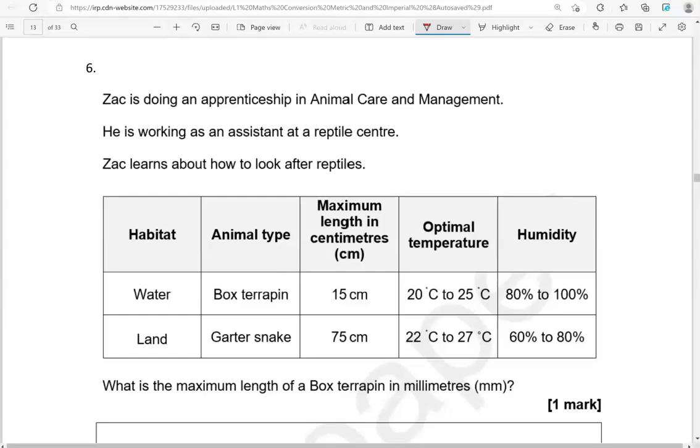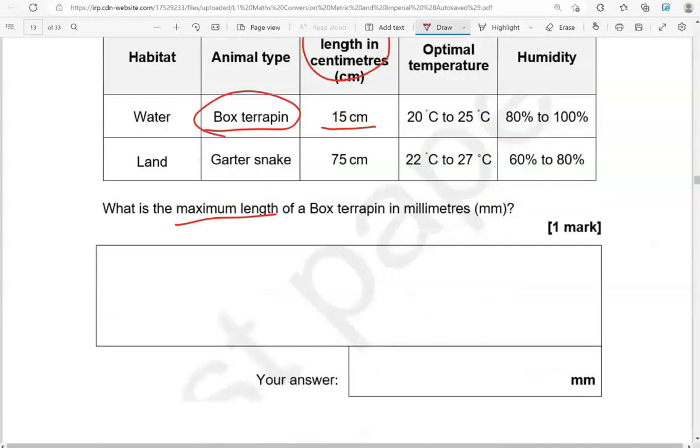So we've got a table with habitat, animal type, maximum length in centimeters, optimal temperature and humidity for the 2 animal types. So we're looking for the maximum length of a box terrapin, which is this one here. So that is 15 centimeters, but we've got to give our answer in millimeters.